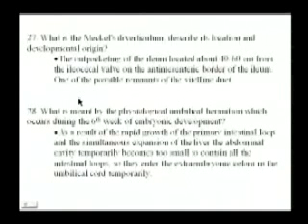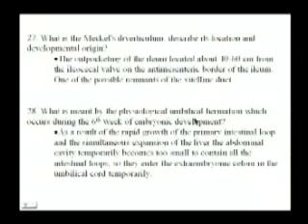Describe its location and the developmental origin. It's that outpocketing of the ileum located about 40 to 60 centimeters from the ileocecal valve on the anti-mesenteric border, so the ventral border. Dorsal mesentery persists as the mesenteric border of the ileum. It is one of the possible remnants of the vitelline duct.